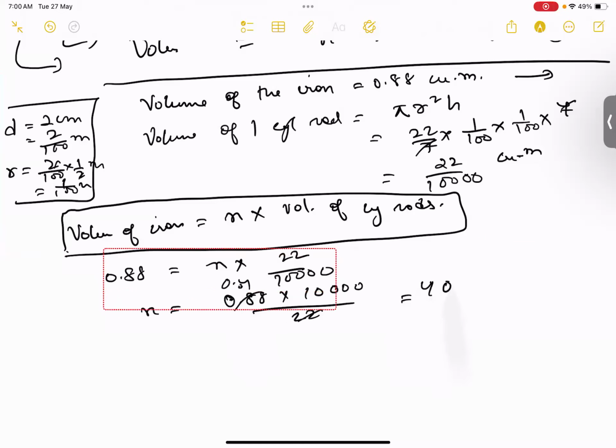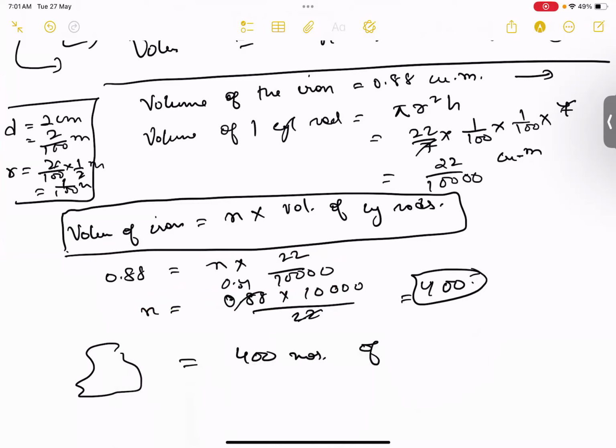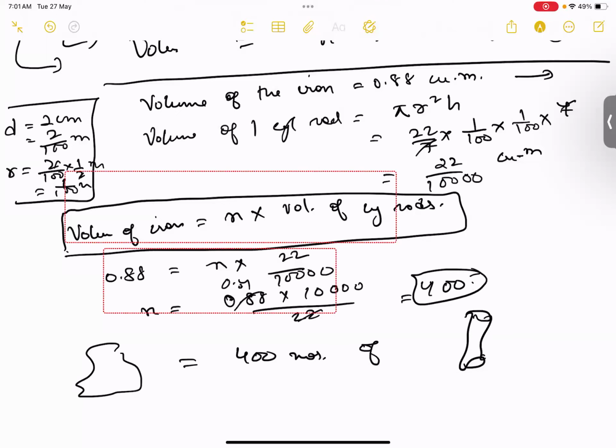It will be 400. So the number of rods formed will be 400, okay? So this iron can form 400 cylindrical rods. Okay, this is what the question is saying. You got it, this question?